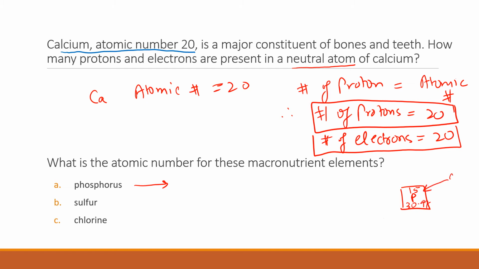This top number is the atomic number. So the atomic number for phosphorus is 15.